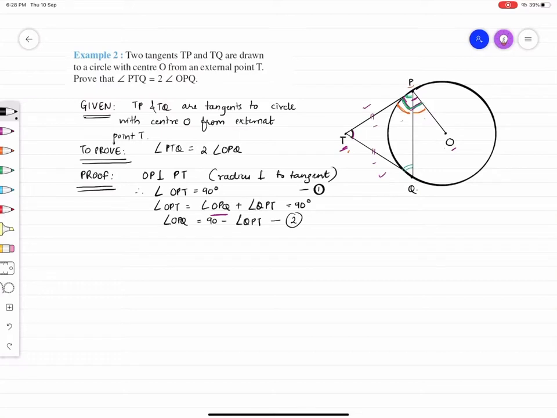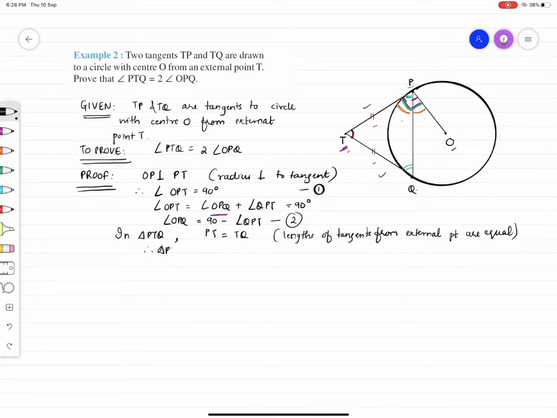Now let's shift our focus to the triangle PTQ. Now in triangle PTQ, I know that PT is equal to TQ, theorem 10.2, that is, lengths of tangents from an external point are equal, right?